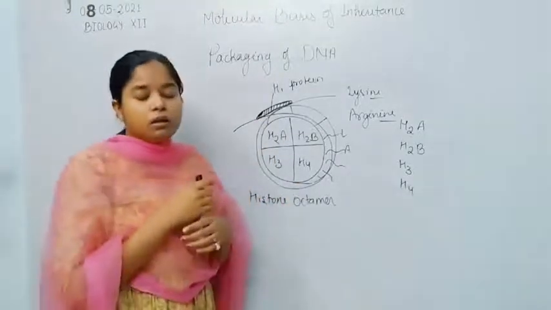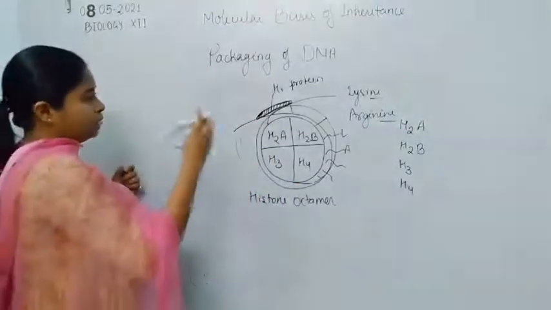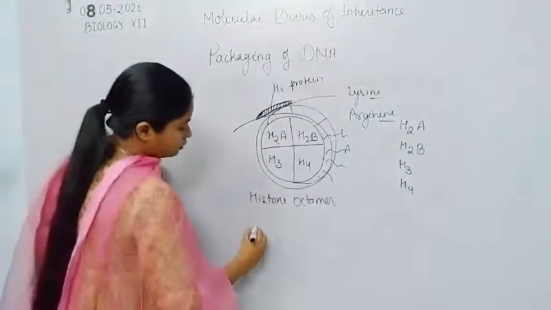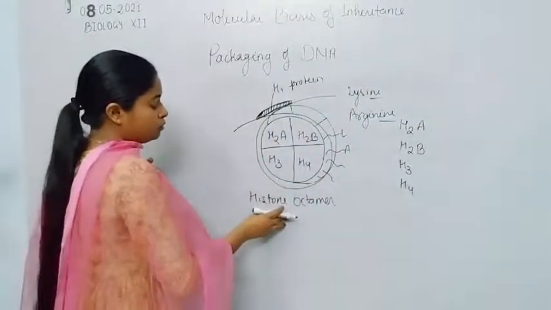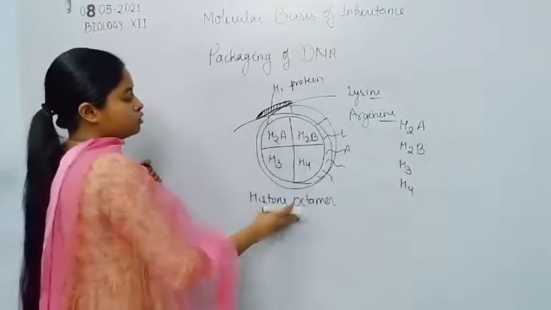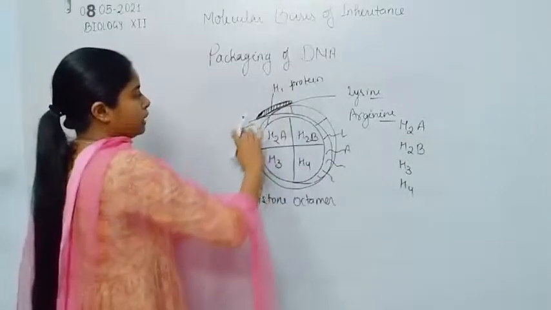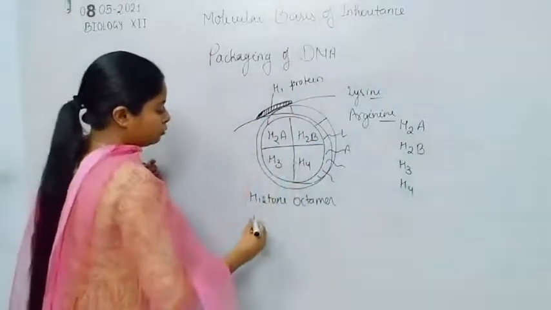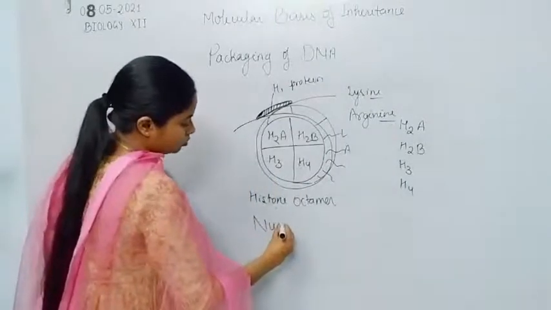They attract the negatively charged DNA molecule, so the DNA molecule wraps around the histone octamer and thus forms the nucleosome. And now here is the structure of the histone octamer. The histone octamer, H1 protein and DNA molecule together form the nucleosome.